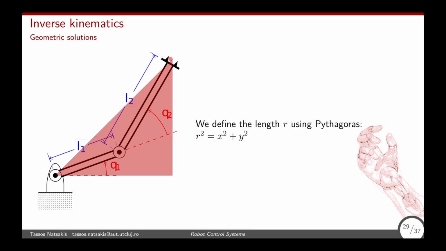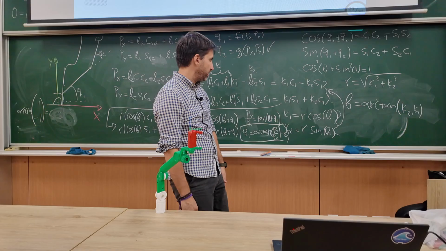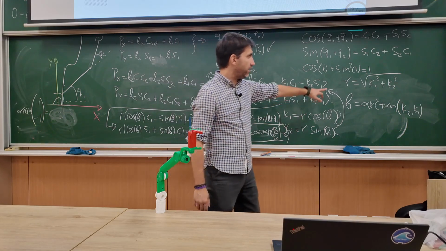So I can define this length here, called r. But it will respect the Pythagorean theorem, so r squared will be x squared plus y squared. It will be basically this r here.